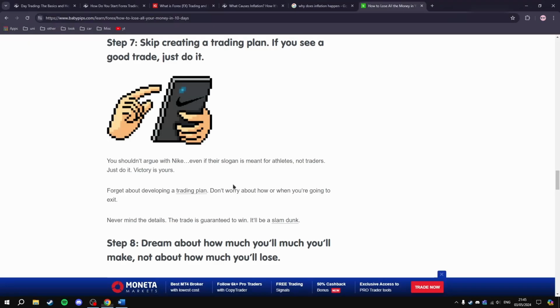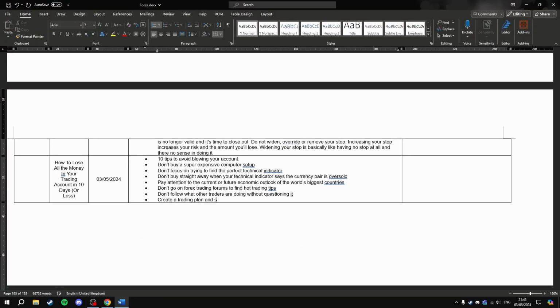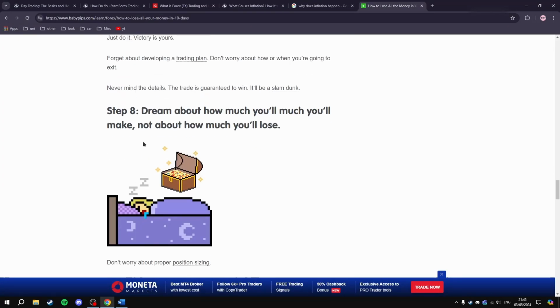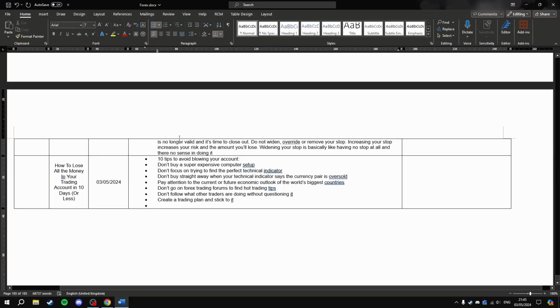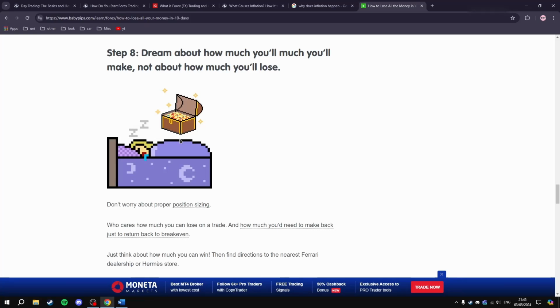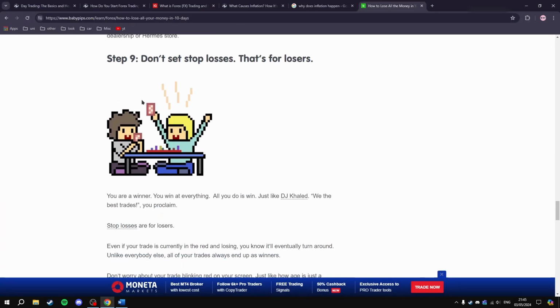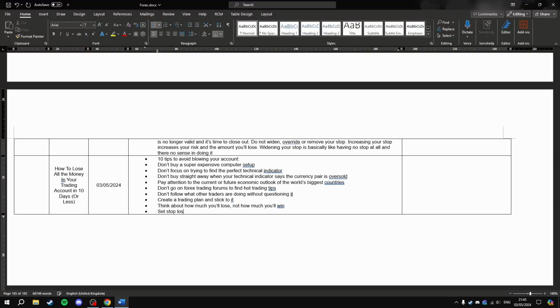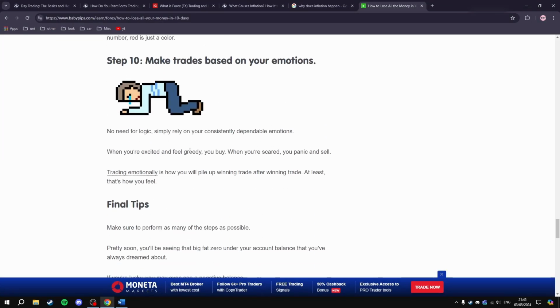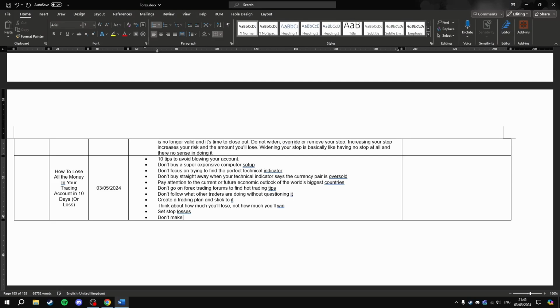Create a trading plan and stick to it. Think about how much you'll lose, not how much you'll win. Set stop losses and don't make trades based on your emotions.